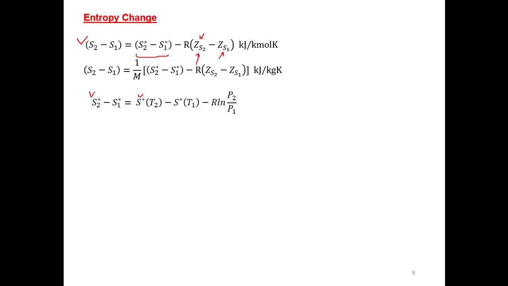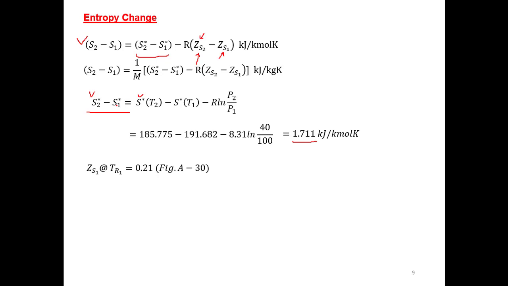We can read from the property table the value of the entropy at temperature T2, similarly the value of the entropy at temperature T1, and R is the constant for nitrogen. P2 is given, P1 is given. If we put in all the values and simplify, the value comes out to be 1.711 kilojoule per kilomole per Kelvin. So that's the change in entropy when we consider the ideal gas behavior.